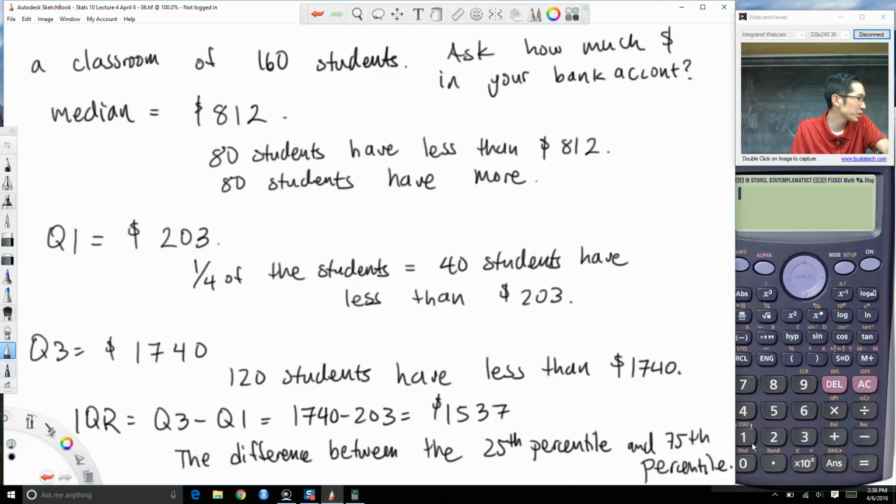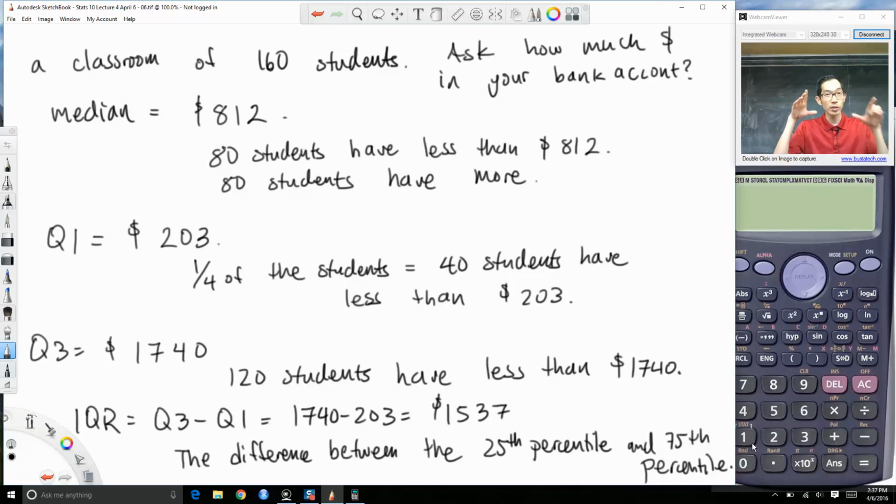If we were to go to a different location, maybe some place that was a school specifically for low-income students, we would not expect the greatest amount of money in the bank account to be that high, and the lowest amount is probably going to be fairly low.